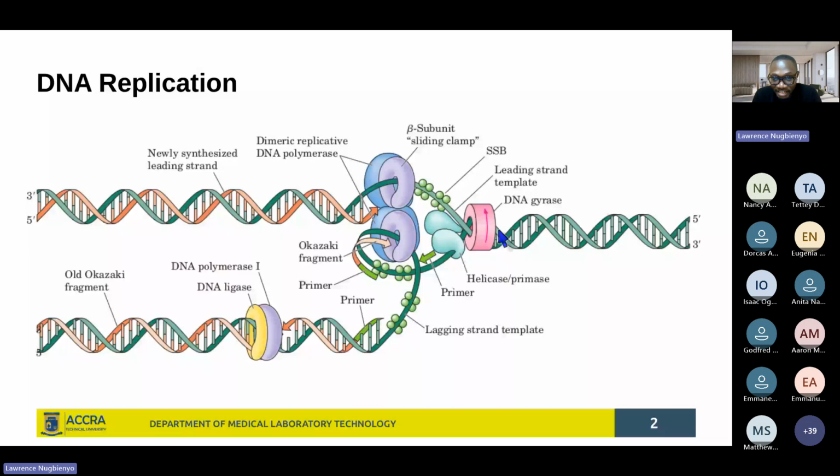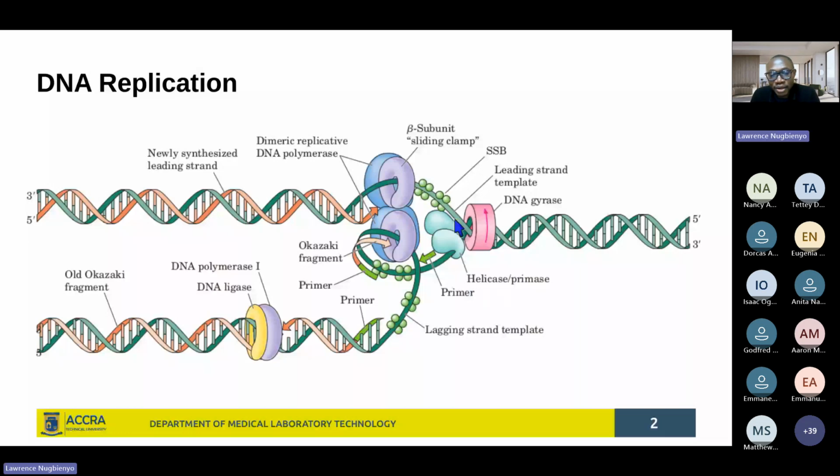Actually the DNA gyrase is what is turning around to unwind, and you have the DNA helicase or primase sort of supporting that DNA molecule that has been ripped open, because of course, before you can have the formation of a new strand on the old strand, there should be the opening up of the hydrogen bonds that are between the nitrogenous bases.